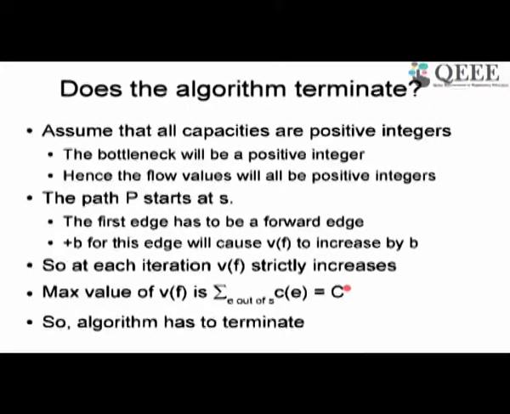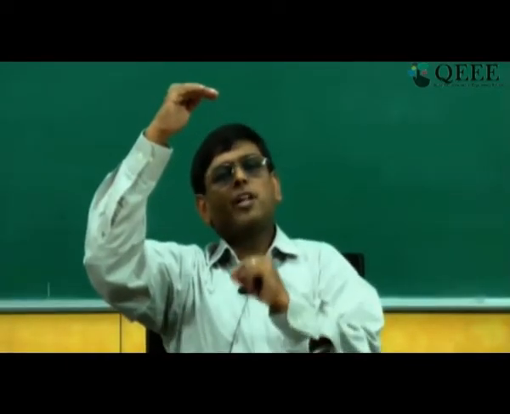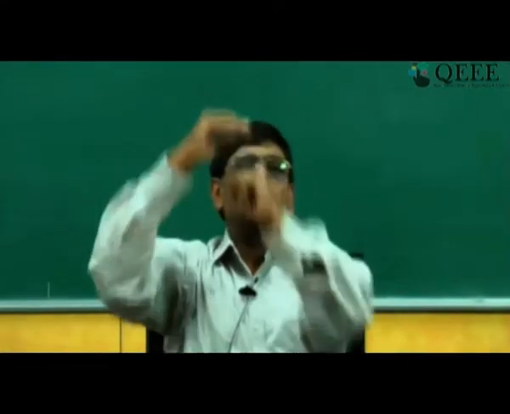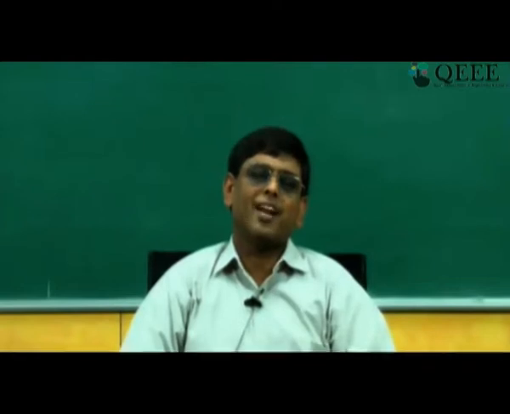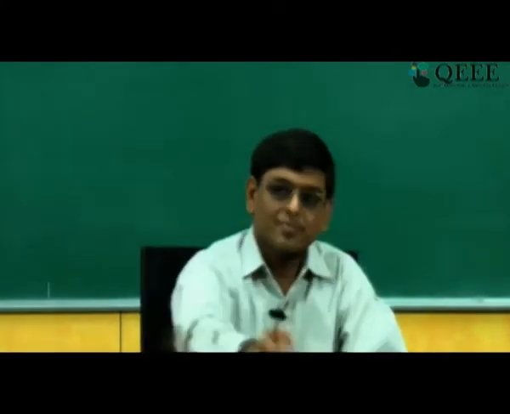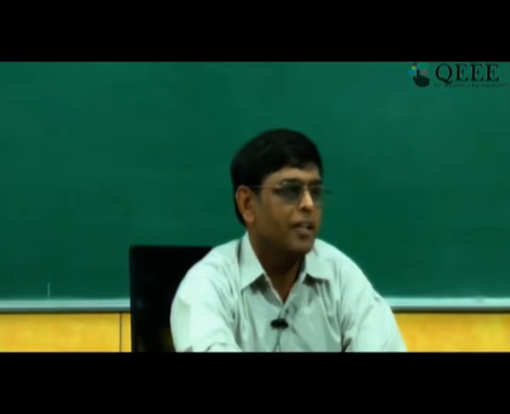The total flow is bounded by some number which is capital C, and at each step I am keeping on increasing, but still it can go on for an infinite number of steps. Can that happen? When can that happen? I need one more condition to make sure that this thing terminates.